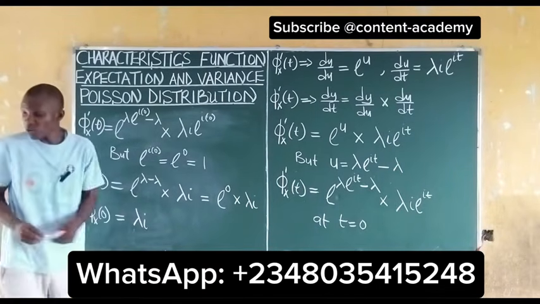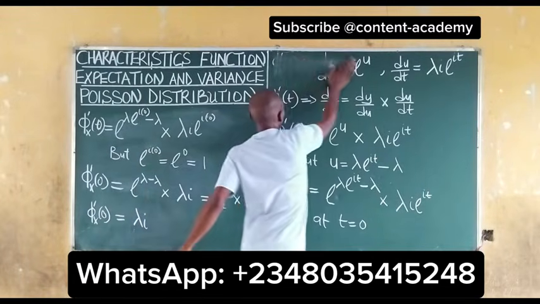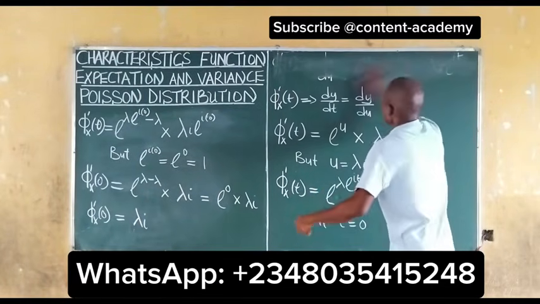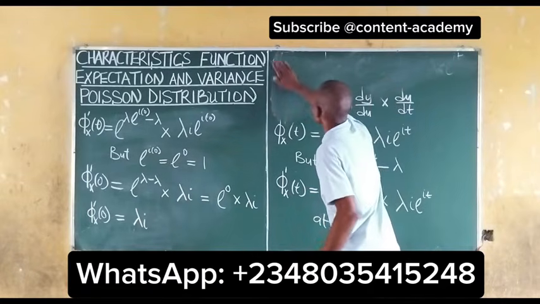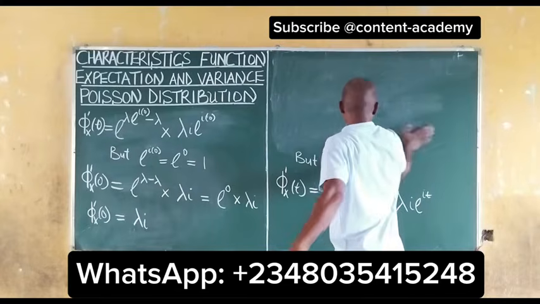Now, how do we remove this i? We first go to where we write our expected value.